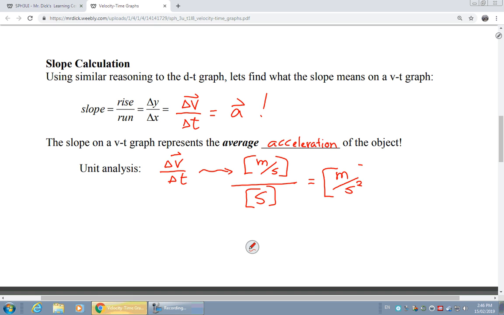So those dividing by seconds end up giving me 2 powers of seconds on the bottom of that unit. So I get meters per second squared. And where have we seen that before? Well, of course, that is the same units as acceleration.